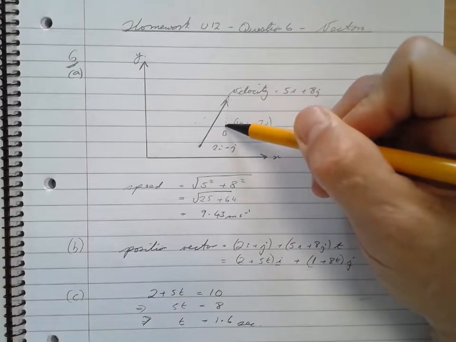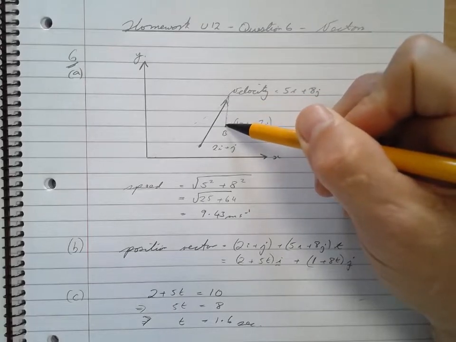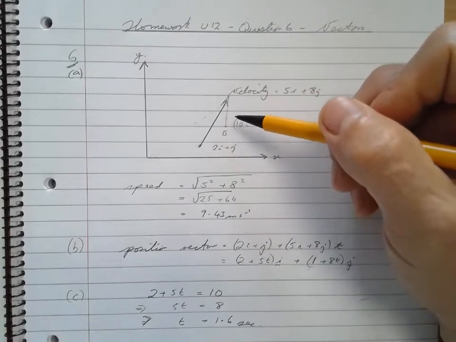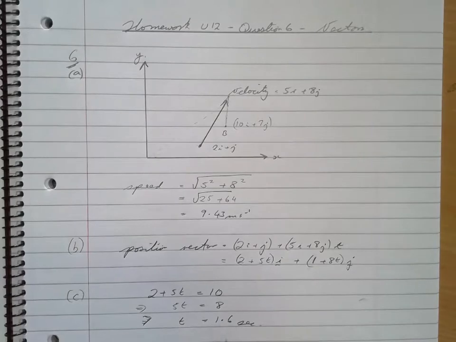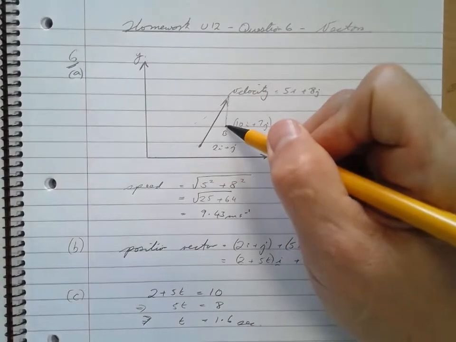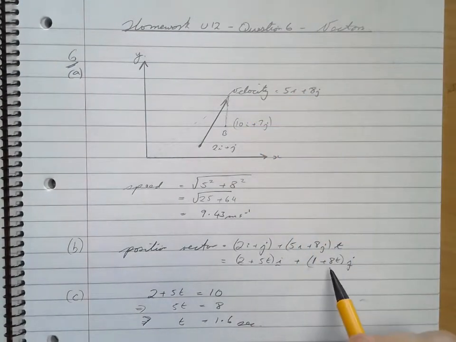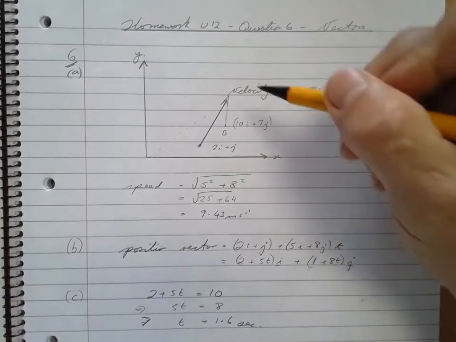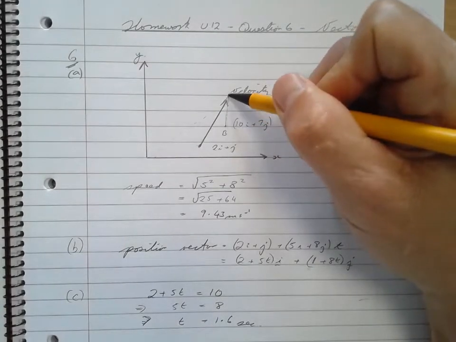So really all we're trying to do is find this distance along here, and then the speed is the distance divided by time. We know that t is equal to 1.6, so essentially what we need to do now is find the j component when t is equal to 1.6, and that tells us basically how far vertically this ball has moved up the pitch.